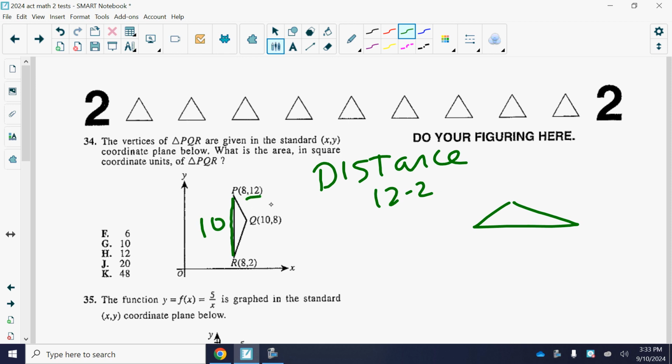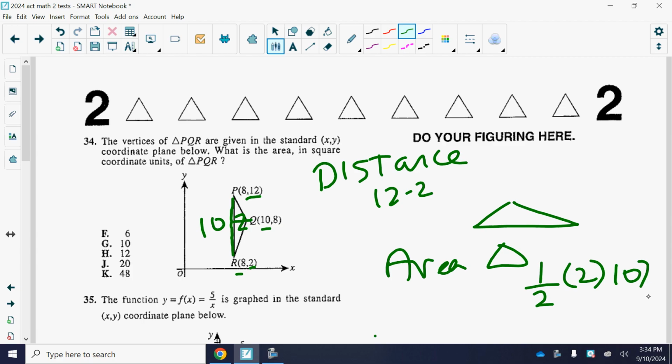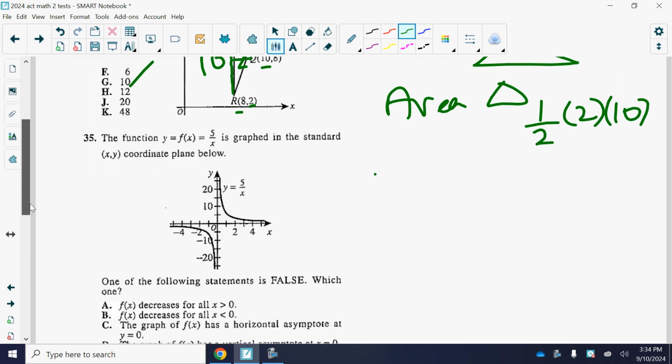You're starting at 12 and going down to 2, and then the altitude is just the movement from 10 to 8. It's just the x movement too. So you could use area of triangle or use the formula 1/2 the altitude times the base. The answer is G, 10. They love that question. I don't think I've seen it much with y'all.